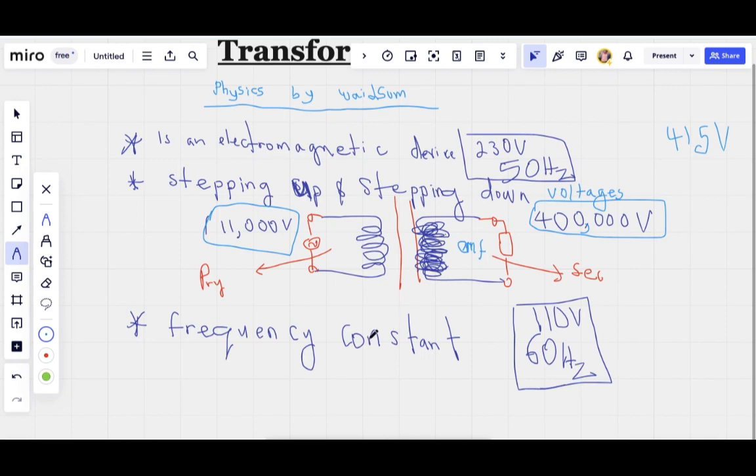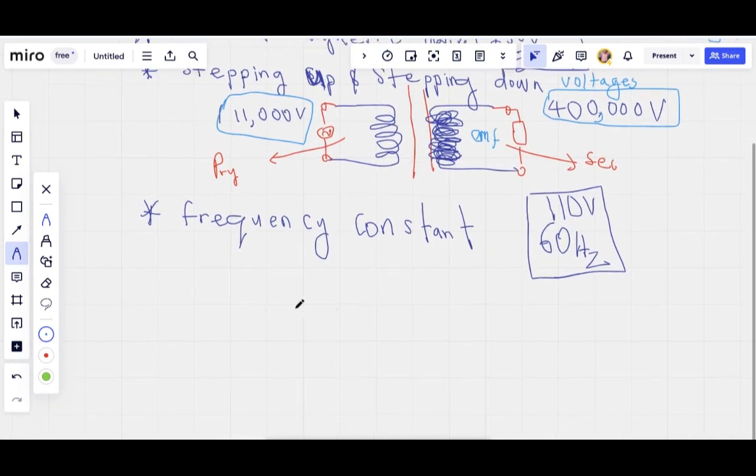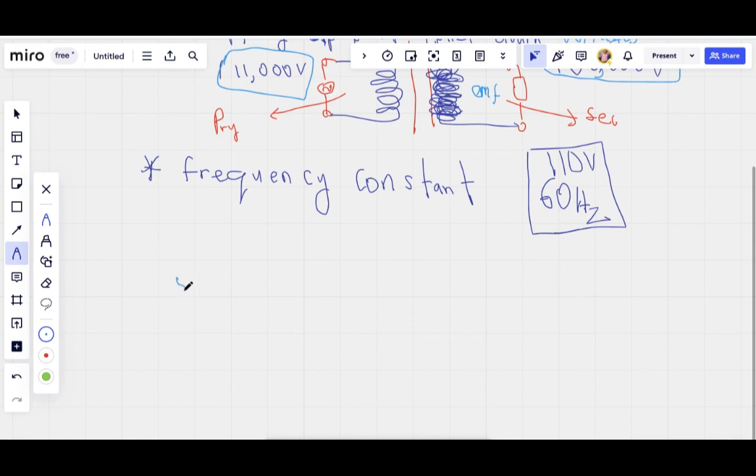For a step up transformer, we make more turns in the secondary than in the primary. So we make our NS, the number of turns we create in the secondary, greater than the number of turns in the primary.